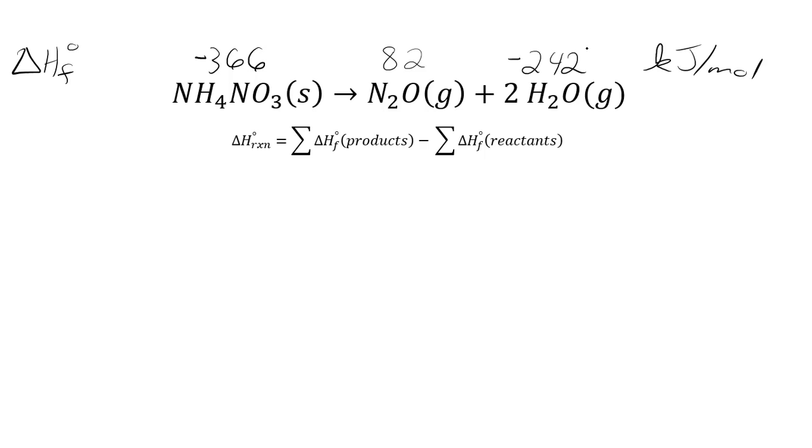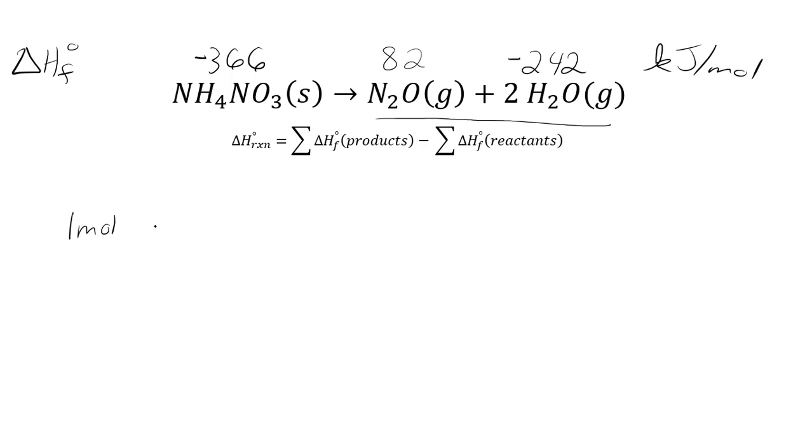So now if we remember our equation for determining the enthalpy for our entire reaction, we look at the enthalpy change for the products as compared to the enthalpy change for the reactants. So we take our products, which are these two over here, and we list them, but remember we need to take into account the number of moles.